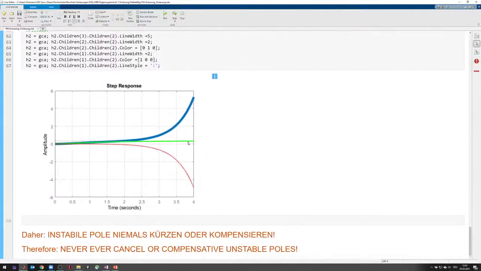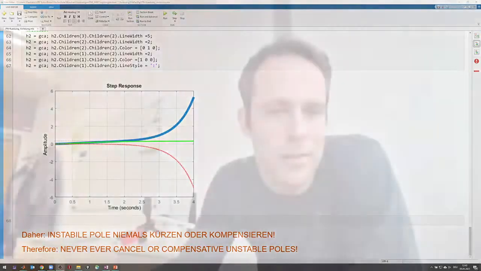The green one is the system we work with, and the blue one is the actual behavior in reality. I hope you agree that these two things are not the same anymore. Even if you close both eyes, this is not going to be the same. Don't cancel in the right half plane, please, because it will always go wrong.